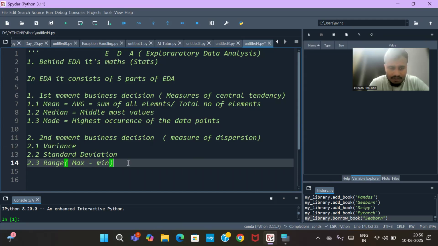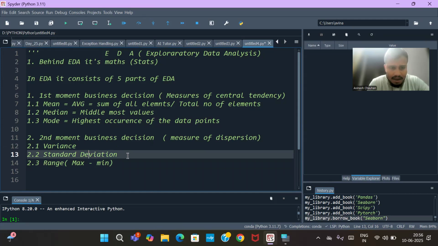Okay. And what do you mean by standard deviation? Just give me a second. Yeah. Standard deviation is a measure to check how my data points are dispersed from the mean.